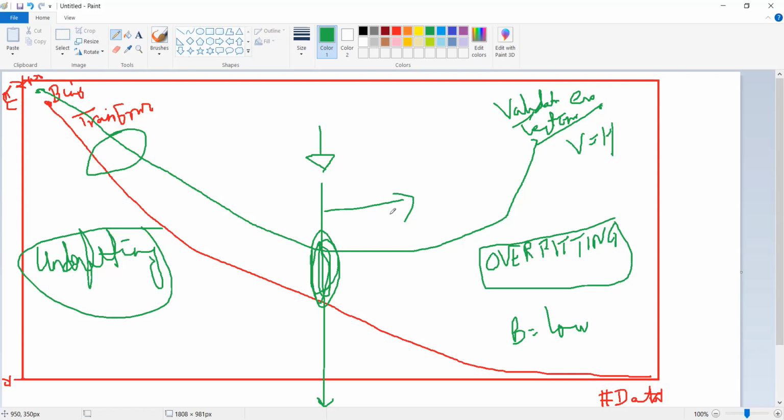If you are here, you should come down, but once you are here, you should not go up. We will learn how to find this spot. This is the best value which the model can give you, considered the best result of this model. When we run 10 models, for each of the 10 models you find this, and the one that gives you the best result here is the best model.